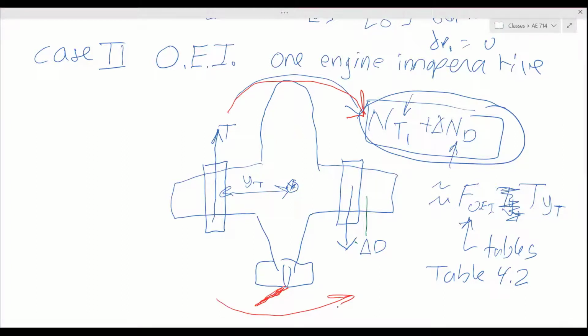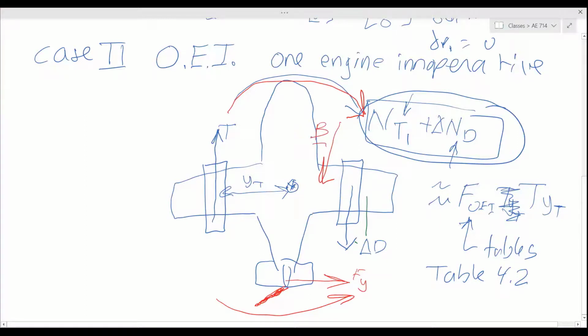But the rudder deflected that much is going to give us a side force in that direction, which is going to push the airplane to the right, and that's what causes the beta.